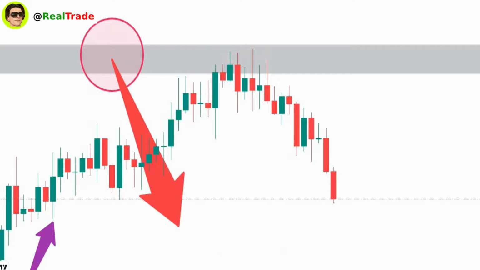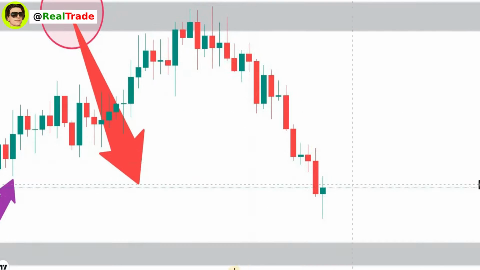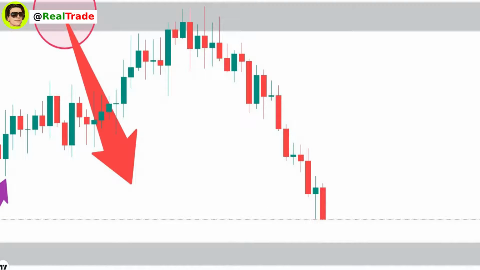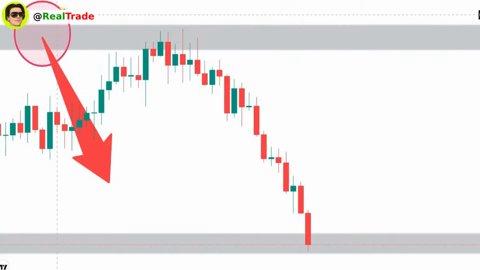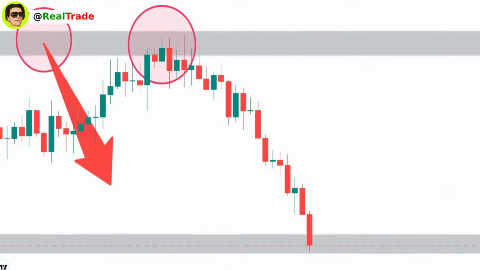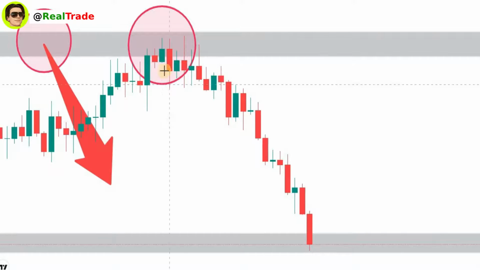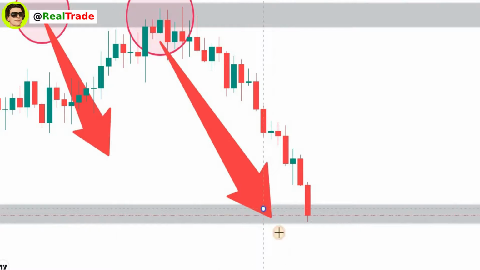Yes. Return price on local resistance. This resistance is very, very important. Local resistance, go local support. Fast sell. Look at the chart.